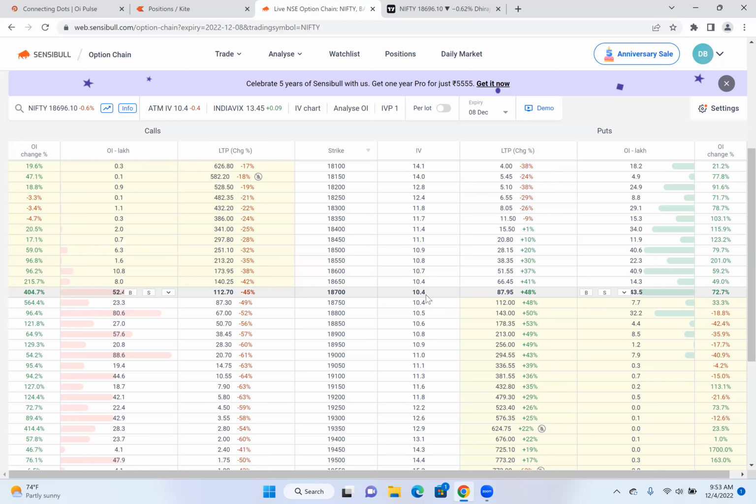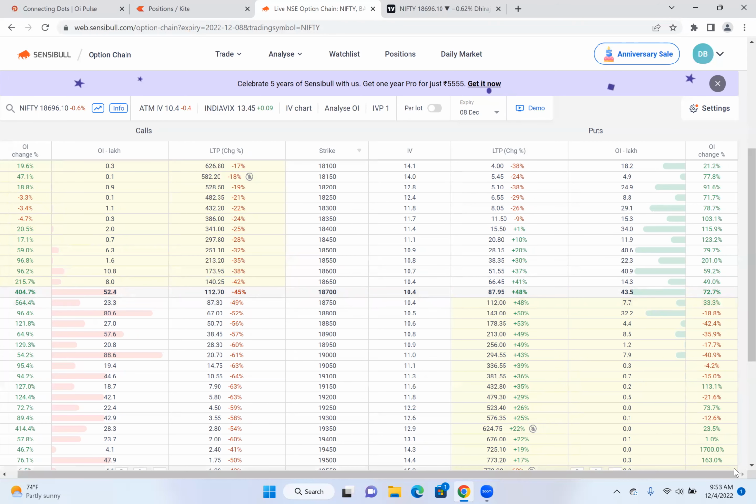As you can see, at the ATM the put quantity is lower. It is only 43.5, whereas the call is 52.4. So put is lower than the call. And the OI change for the put was 72.7%, whereas the OI change for the call was 404.7%.